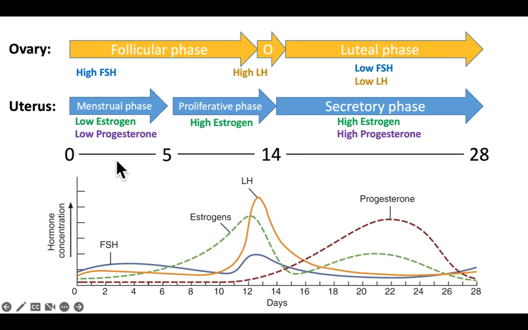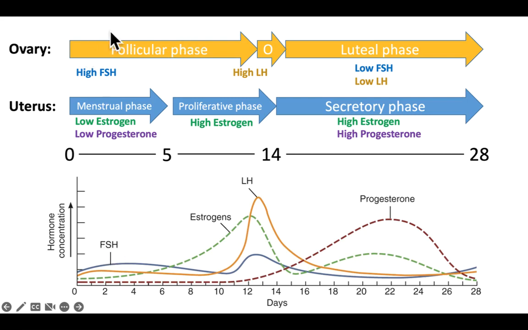So notice that in the beginning of the cycle, we have relatively high FSH, relatively high LH. It's not super low like down here at day 20-some. So those 2 hormones are relatively high, FSH and LH. What is that FSH doing?